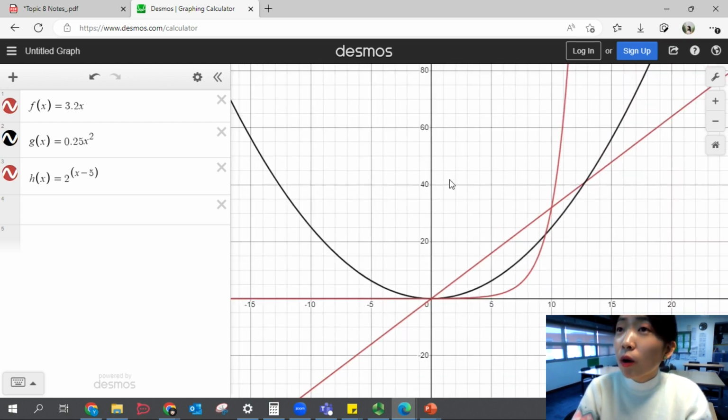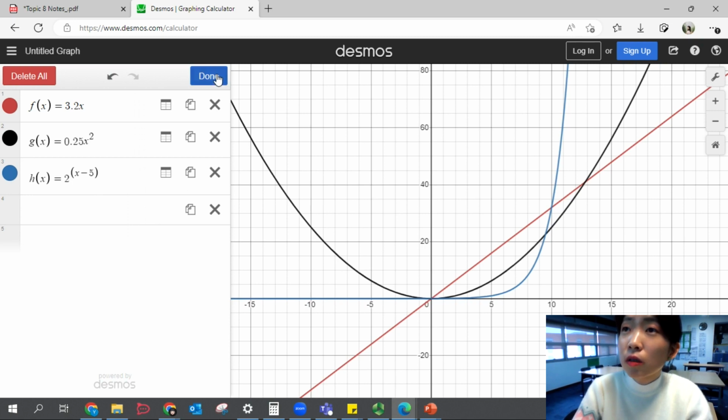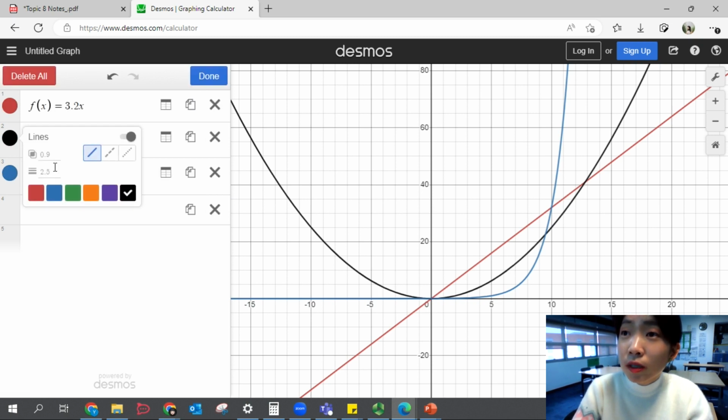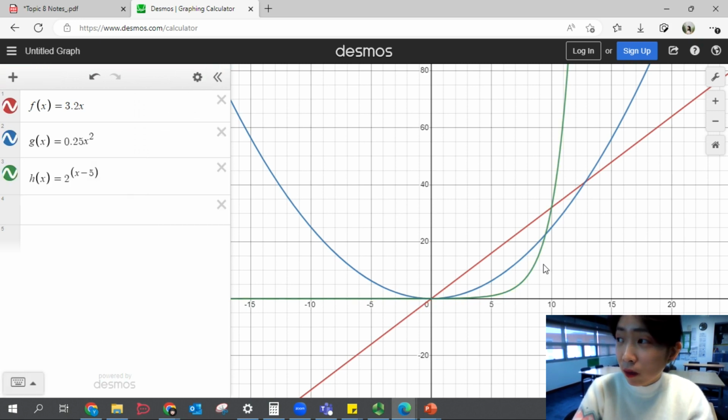Okay, so let's change the color for that so that we can clearly see which one's which. Okay, city A is going to be red. City B is blue in your textbook, so I'm going to do blue. City C is going to be green in your textbook, so let's use the same colors.